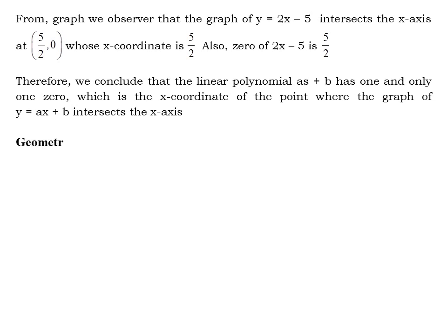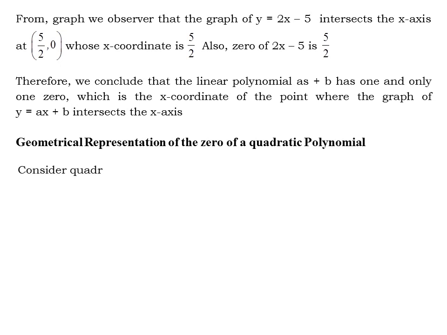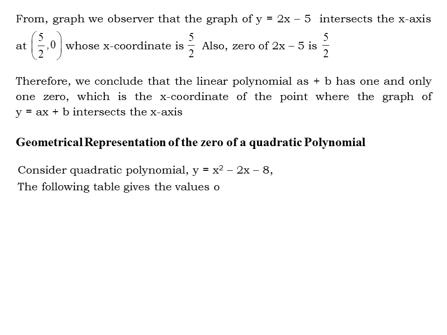Now, geometrical representation of the zeros of a quadratic polynomial. Considering one quadratic polynomial, p of x equals x square minus 2x minus 8, the following table gives the values of y for f of x for various values of x.